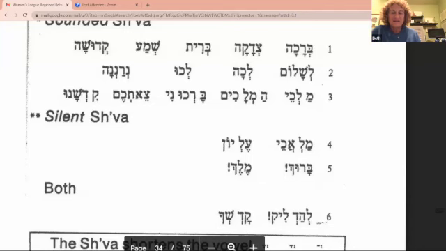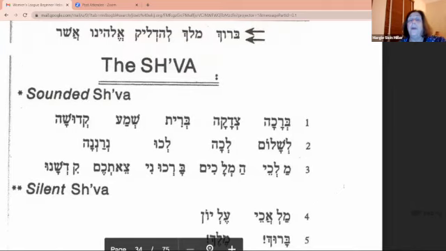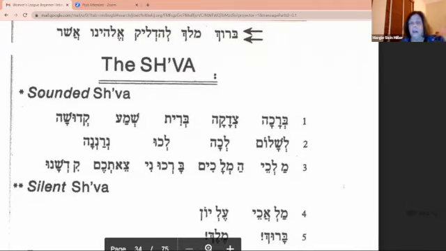Okay. So let's do this now in order of how he wants us to learn it. Now, it's going to go through all those phases of what I just said to you. So let's just look at the first 3 lines, knowing, I'm telling you in advance, that these are sounded shavas. So either they're the first letter of the word or the first letter of the syllable.